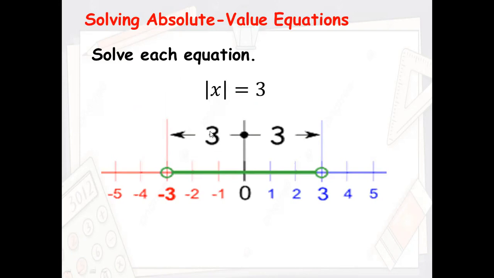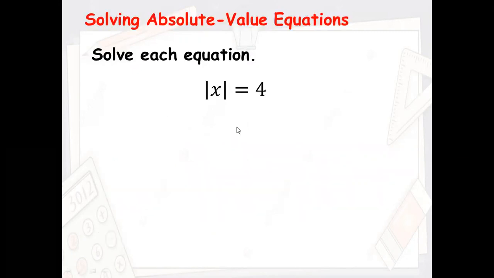That's what we learned, right? From 0, 3 units, it can go to the left or it can go to the right. If it goes to the right, that's a positive 3. If it goes to the left, that's a negative 3. So the solutions for this are X can be negative 3 and it can be 3 also. So in place of X, we can write 3 or negative 3.